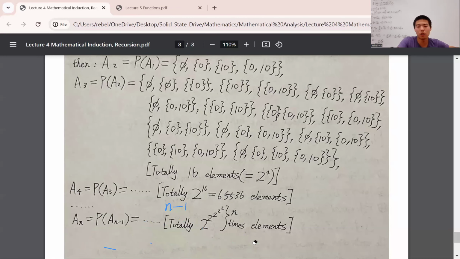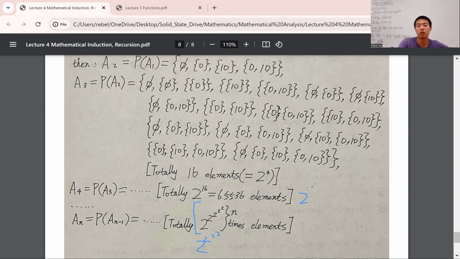And how many elements there are is actually a tower of 2. A tower of 2 means there's some power of power of power of power of. So in this case, it's 2 to the power of 2 to the power of 2 to the power of 2, and there are n layers of the tower of 2. And this can be put here. So we can see the example A4, which is n equal to 4.